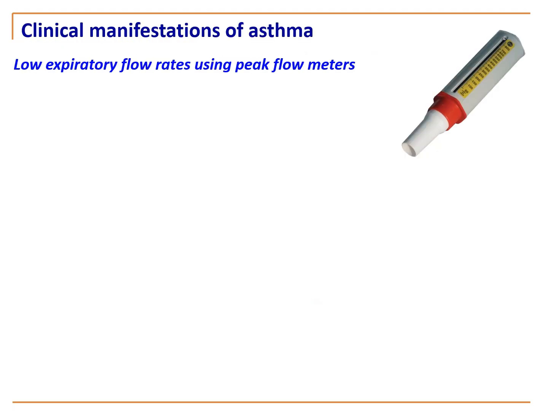So what are some of the clinical manifestations? What you can see here is a peak flow meter, and that measures your peak expiratory flow rate. So if you're an asthmatic or even a non-asthmatic, you want to see what your expiratory flow rate is. You breathe out as hard as you can through one of those, and that gives you your peak expiratory flow rate.